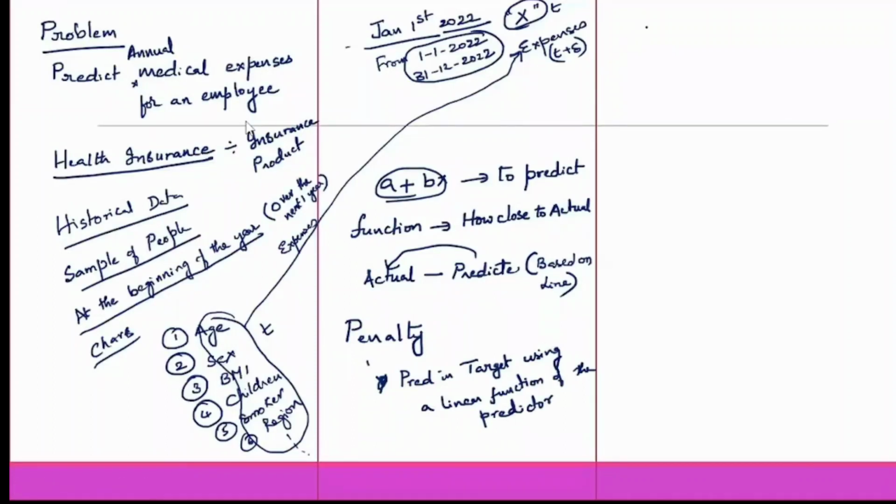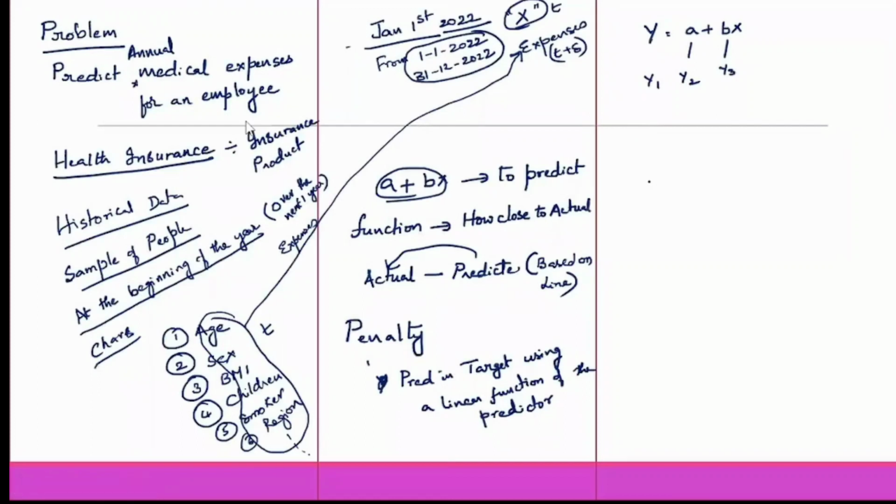So I am taking different values of A, different values of B, and I have got, let's say, Y1, Y2, Y3 as the three different models. Now, Y is my actual. So I want something that would penalize for the greater distance between the actual and the predicted.